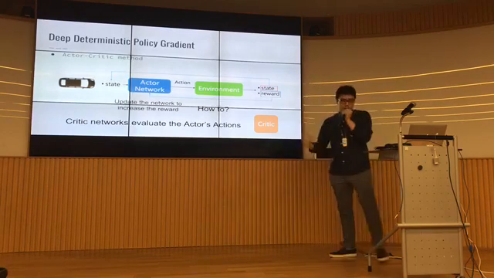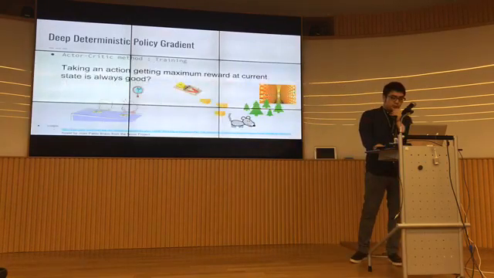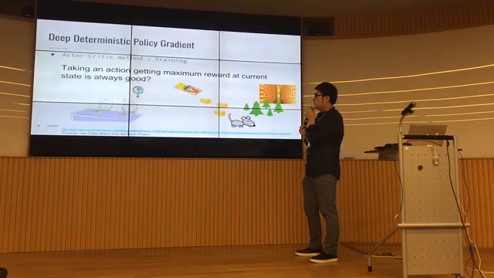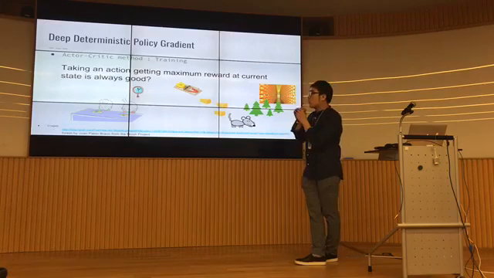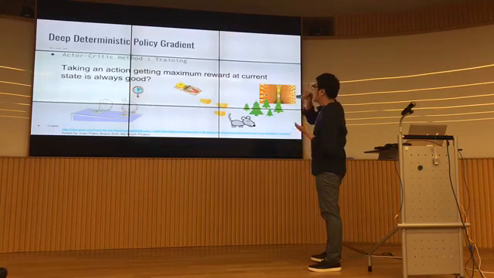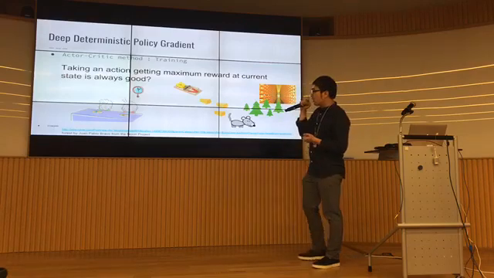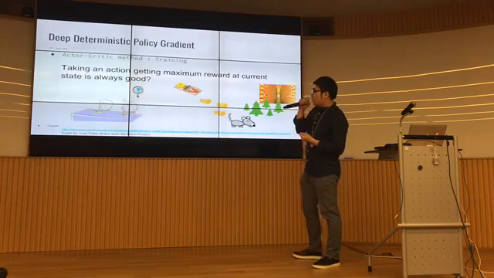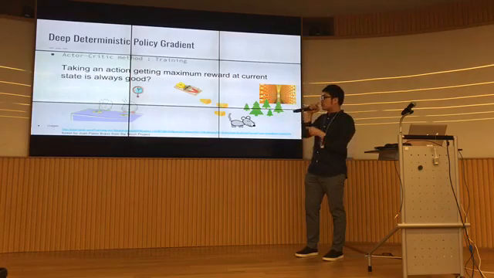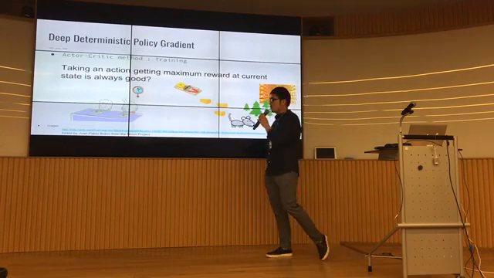We need to think about this: taking an action that gets the maximum reward at the current state is not always good. You already know the story of the marshmallow. There are two children.